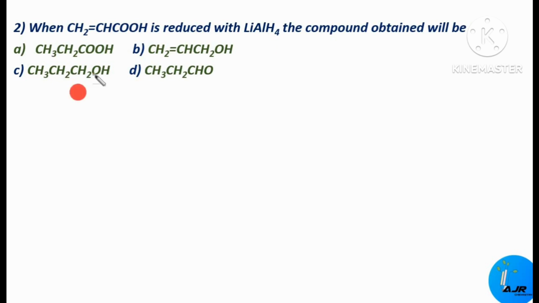Normally the COOH group, on reduction, will give alcohol. Understood? So the COOH group will be getting converted to an alcohol group. Here in this option we are having the carboxylic group, here we are having the alcohol, here also we are having the alcohol, and here we are having an aldehyde. So the answer could be B or C.